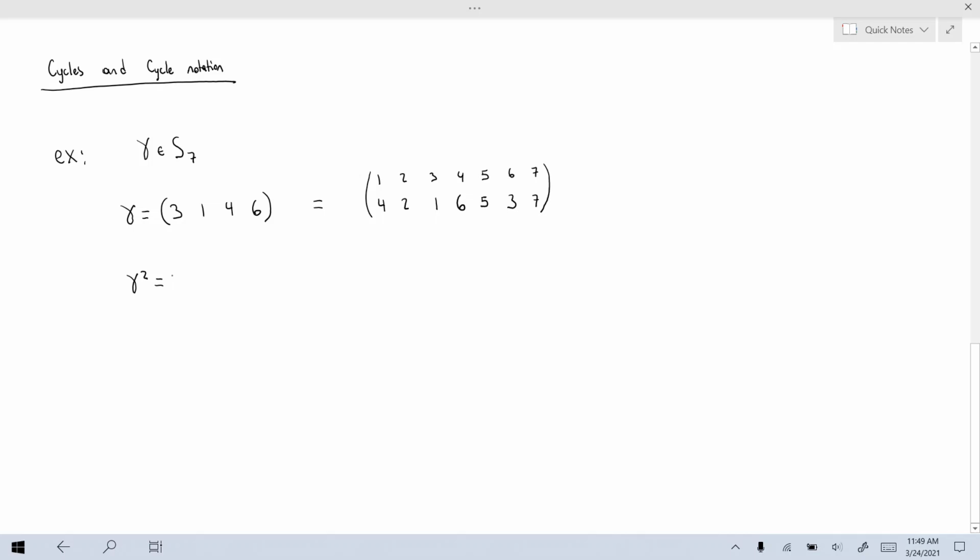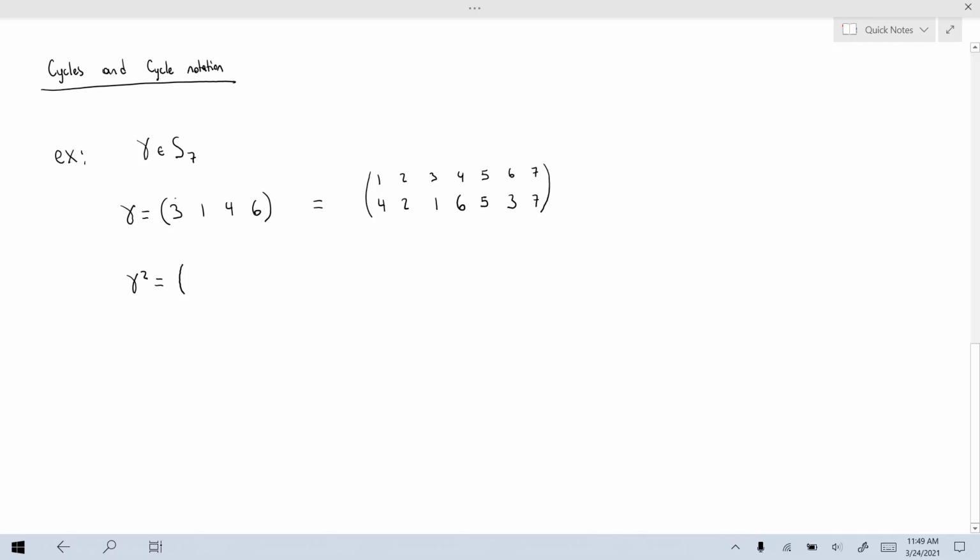And I'm going to be writing all of my answers as cycles, as opposed to using the matrix notation. Okay. So how do we figure out what gamma squared will be?